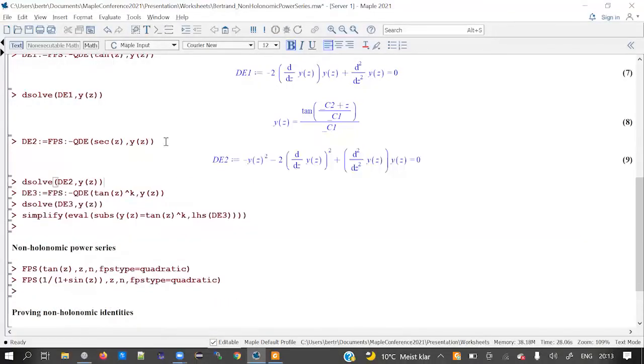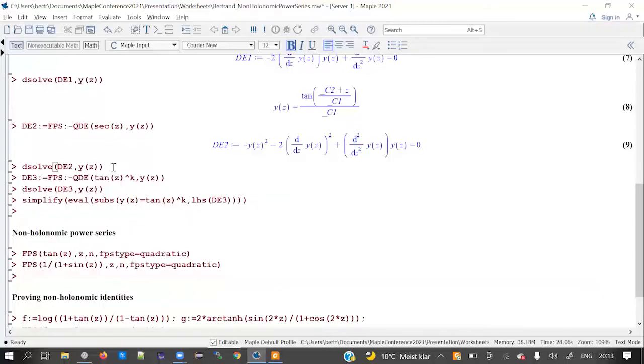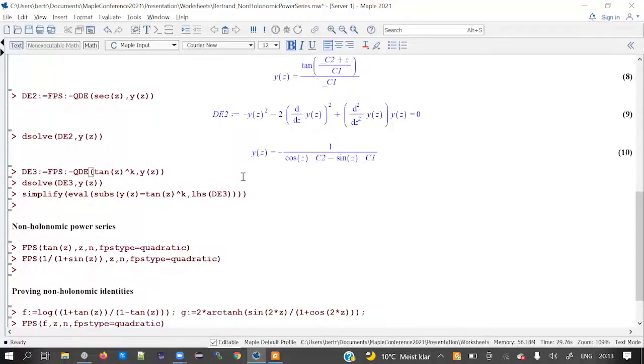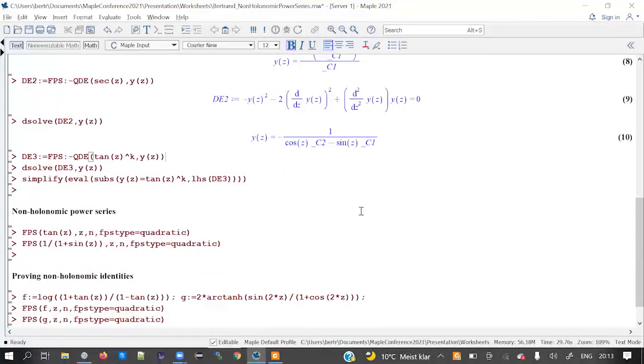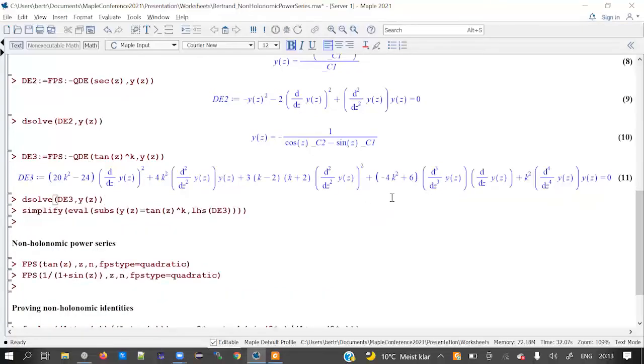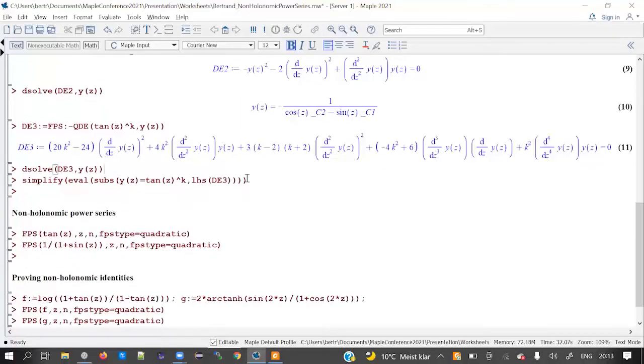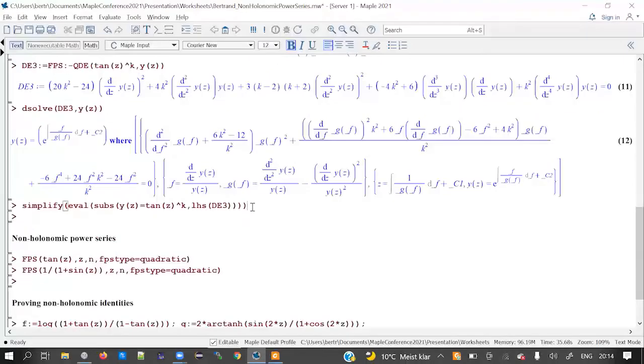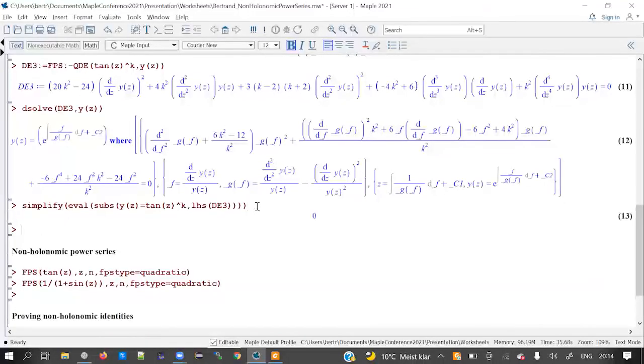Here is secant of z, we have this differential equation, which is also quadratic, and we can check that secant is also a solution. We consider a more difficult example, tangent of z power k. This takes a little time, and then we have this differential equation. For this one, the dsolve command will not give an explicit solution. However, we can still check that tangent of z power k is a solution by plugging in the input and simplifying.